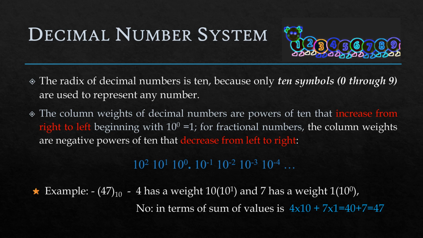So 5 into 10 power 0 plus 0 into 10 power 1 plus 5 into 10 power 2. So 5 into 10 power 2 is 5 into 100, that is 500, plus 0 plus 5, we'll be getting 505. So we can represent decimal numbers as powers of 10.